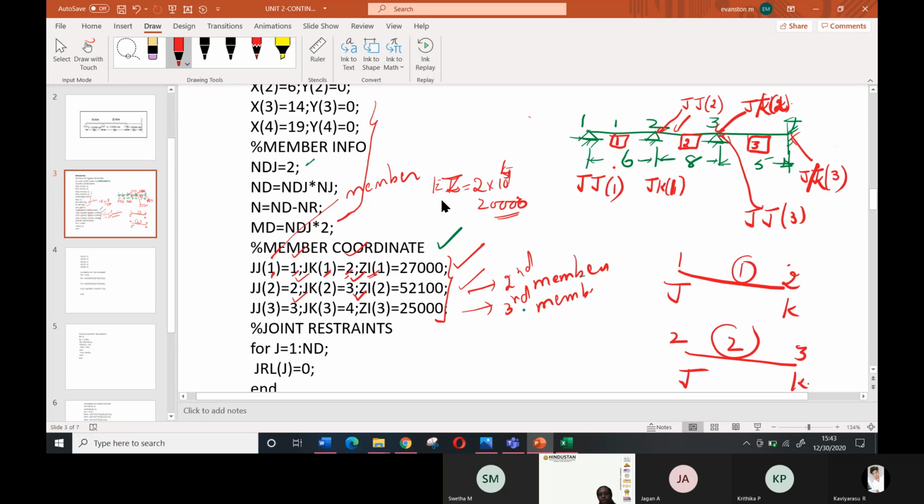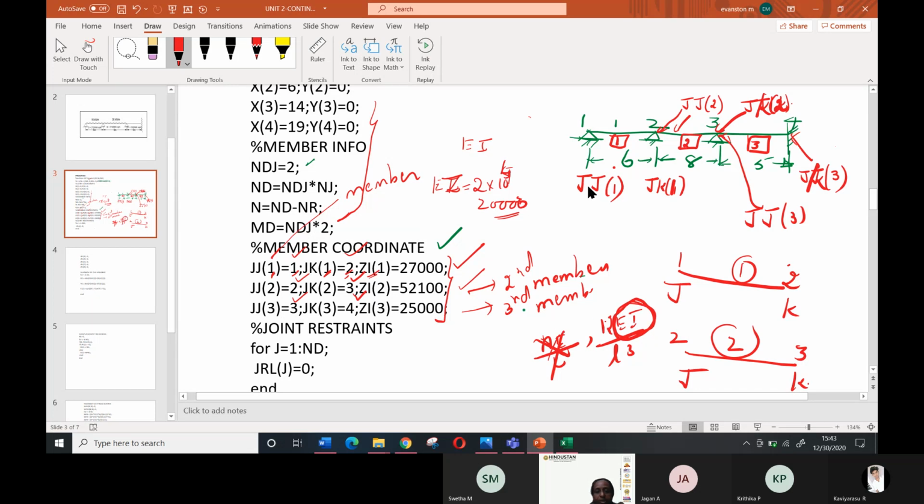That's why the EI value is given. Either you can write EI of 1 is equal to this one, or like this. But the E value we need differently. That is, you have to calculate AE by L. Sorry, AE by L is not needed, it is 12 EI by L cube. So you have to calculate the value of EA.